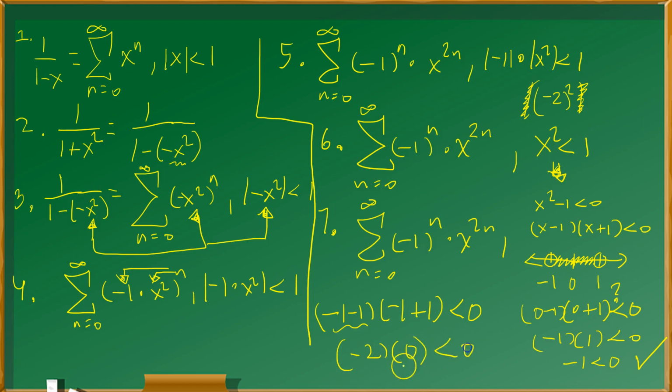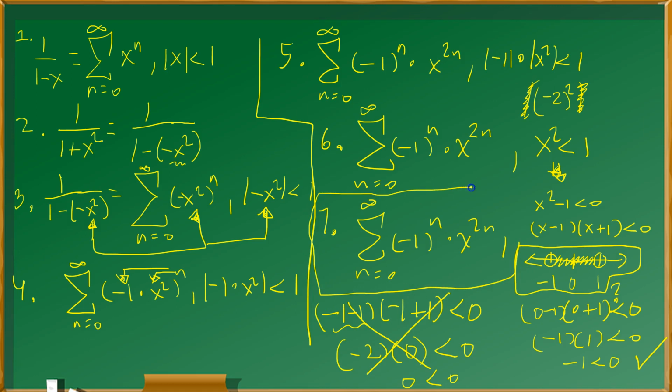So when you multiply, you will have a 0 less than 0. That's a contradiction, right? That is false. And the same thing applies if you plug in, for example, positive 1. So the interval of convergence basically is represented right here with the number line, and the final representation is this one right here. And that is it. Thanks so much.